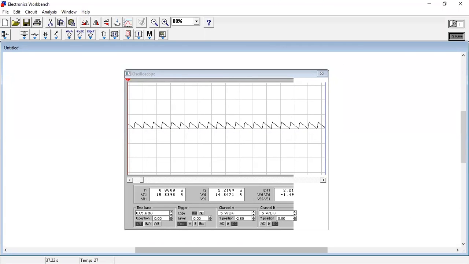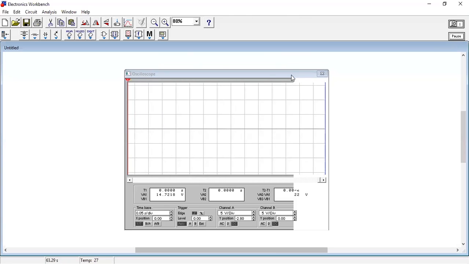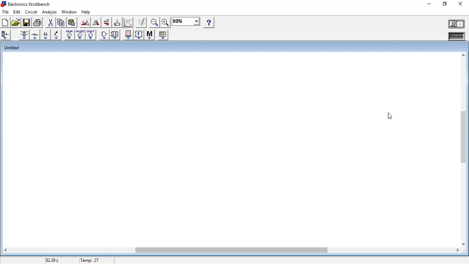Now for the output waveform, we can see the capacitor's value. We can change the capacitor's value and find the output voltage value. So I change it to 20 microfarad.